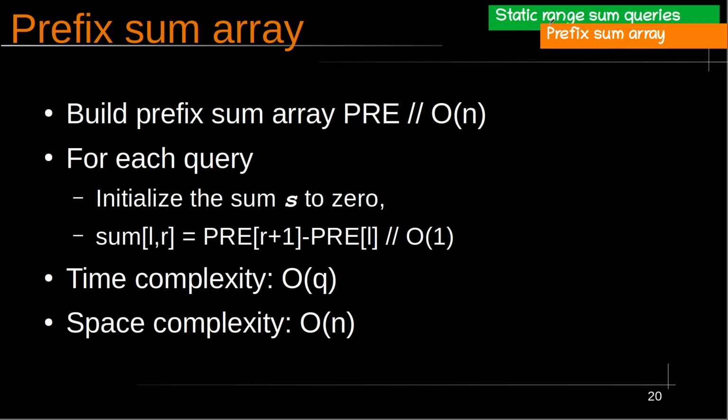Don't forget, guys, that we deal with static range queries, which means there are no updates in the original array. If there are updates, we cannot use the prefix sum array, because the time complexity will change and will not be constant time. But here we don't have updates, so we can use this.